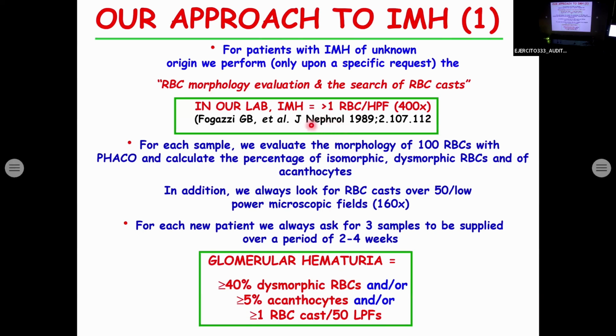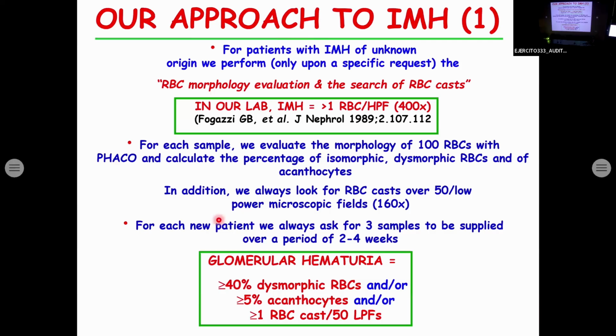We centrifuge for 10 minutes at 400 g, and then we remove the supernatant urine with a water pump. We leave a fixed volume of 0.5 ml of urine, then we resuspend with a pipette, and then we put on the slide 50 microliters of urine and always use a cover slip of 24 by 32 millimeters. This is our standardized method.